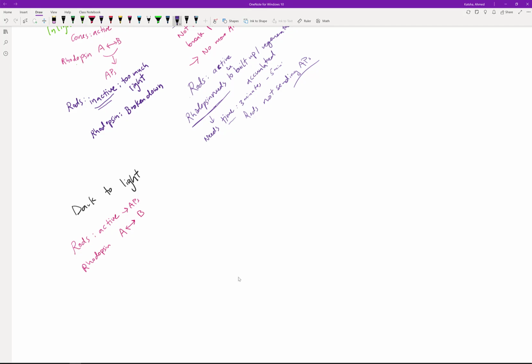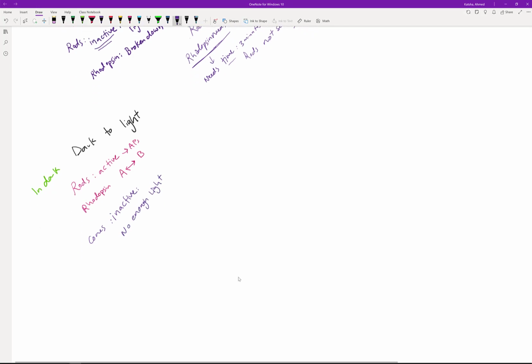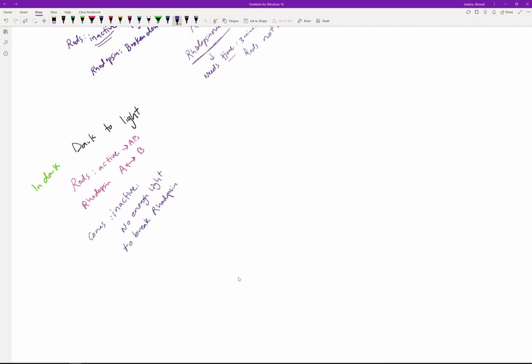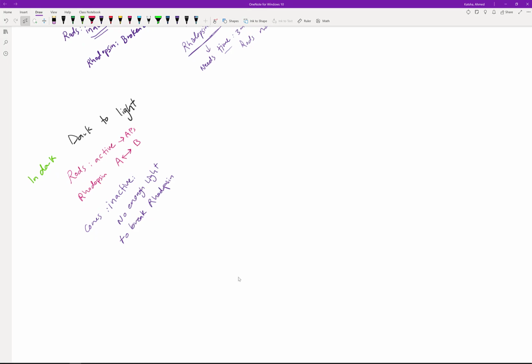What about cones in dark? We said those are inactive. Why? Not enough light to induce action potential, or technically to break down rhodopsin. If you remember, if there is no light hitting rhodopsin, it will accumulate.